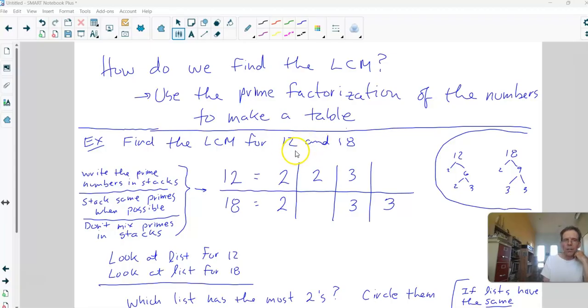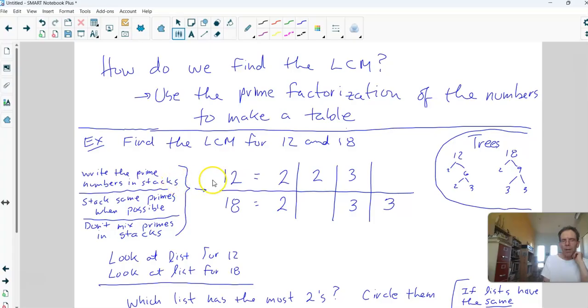So let's find the least common multiple for 12 and 18 again. Those are the numbers we just did. We know the answer is 36, but let's see how we could do this systematically. First of all, we get the prime factorization. I've shown the trees here to find those. And then I'm making this table.